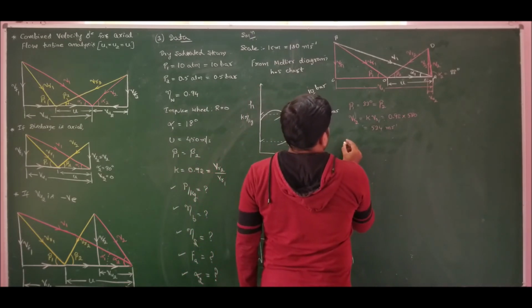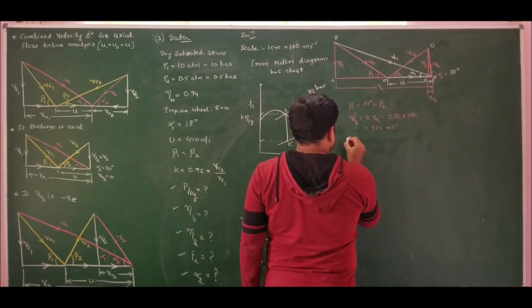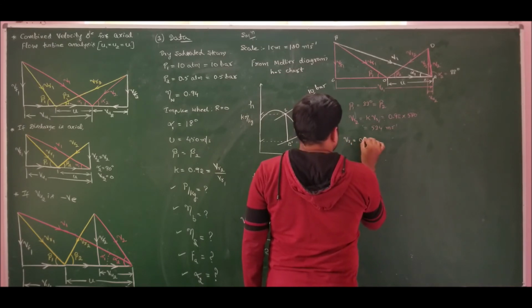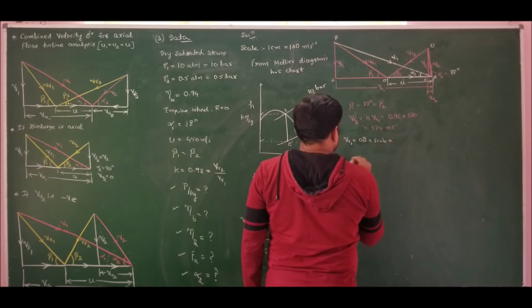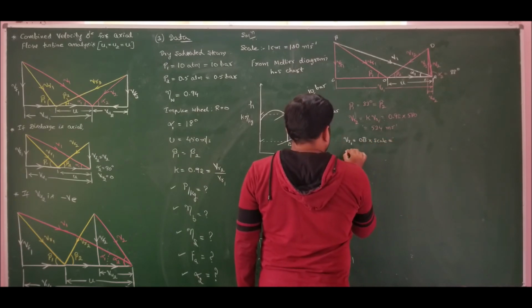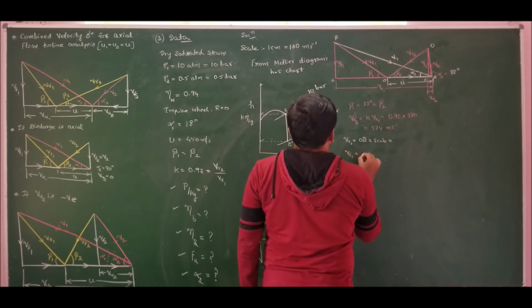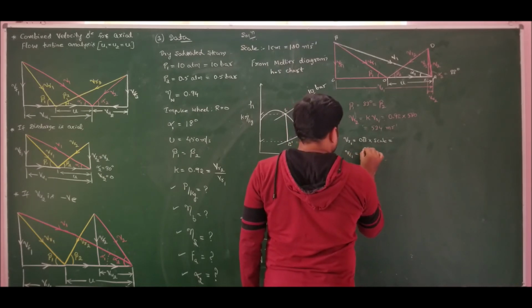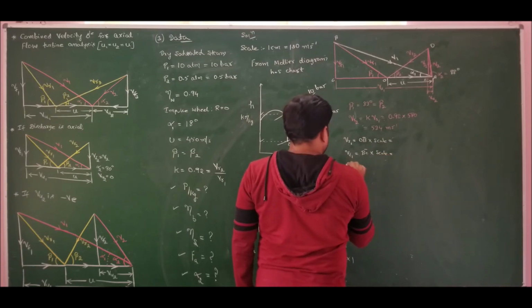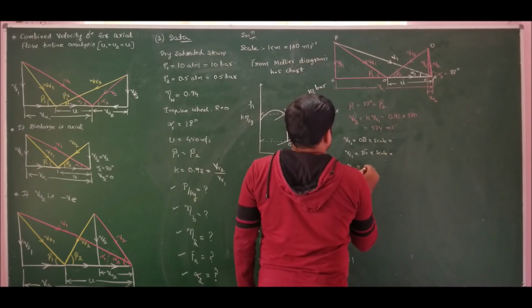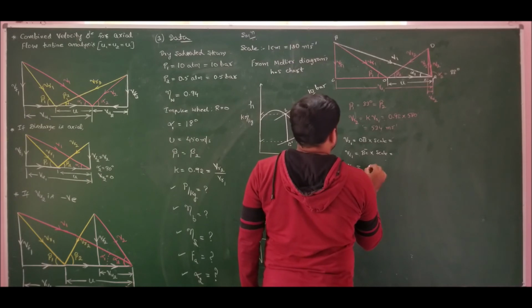You know already V1, now Vr1 is OB into scale. Vf1 is equal to BC into scale. Vu1 is equal to AC into scale.